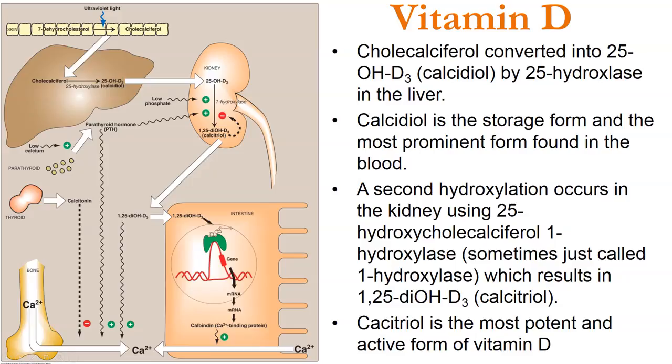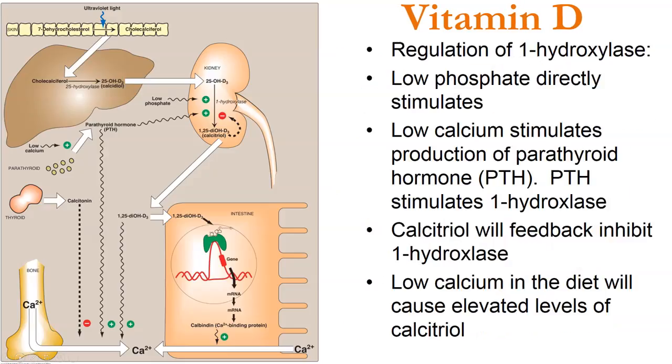You've got your 25-hydroxylase and your 1-hydroxylase. But ultimately that means there's a second reaction to make the potent active form that occurs in the kidney. So both your liver and your kidneys have to be functioning properly in order to produce the most active form of vitamin D.